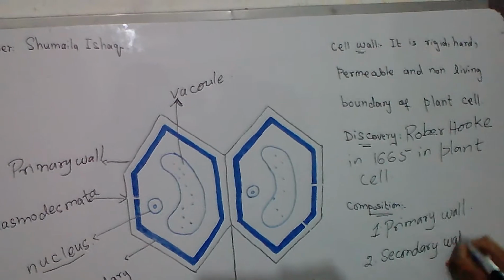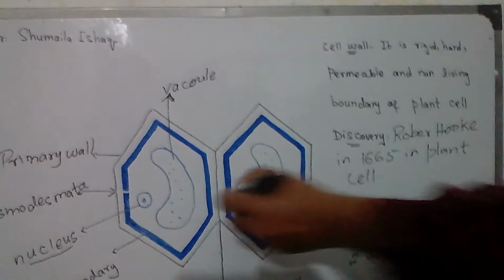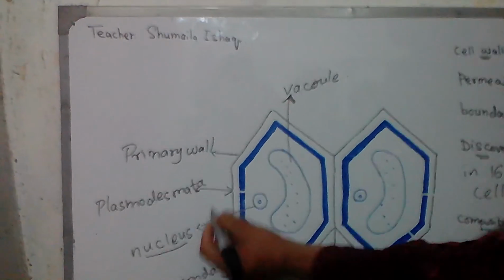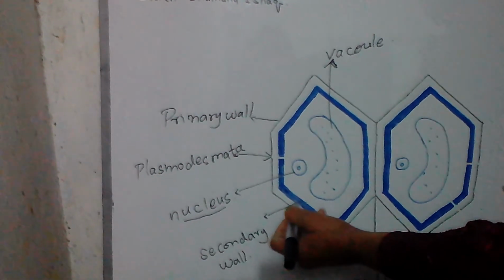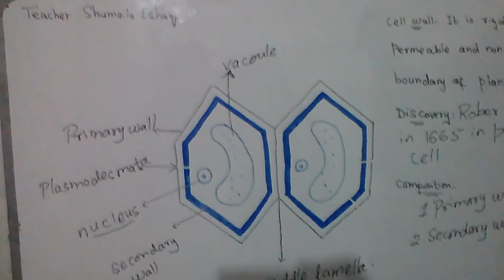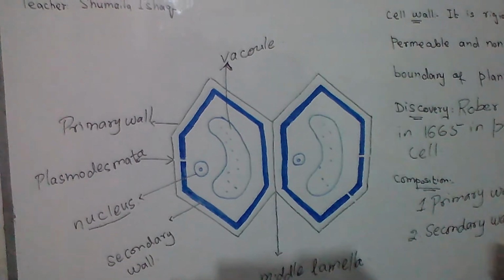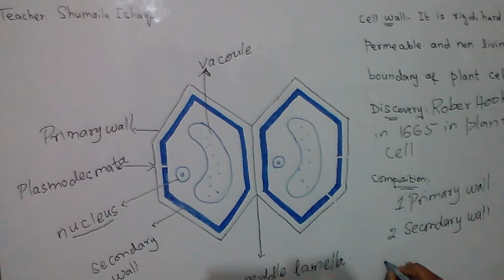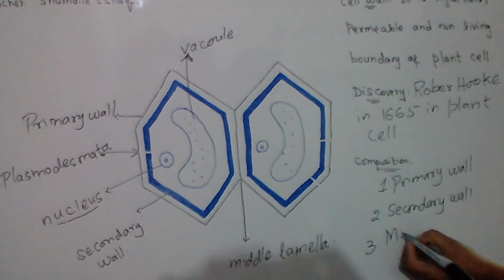The secondary wall is present on the inner side of the primary wall. This is the primary wall and this is the secondary wall which is present on the inner side of the primary wall. And then there is a structure which is called the middle lamella. The middle lamella is present between the two plant cells.